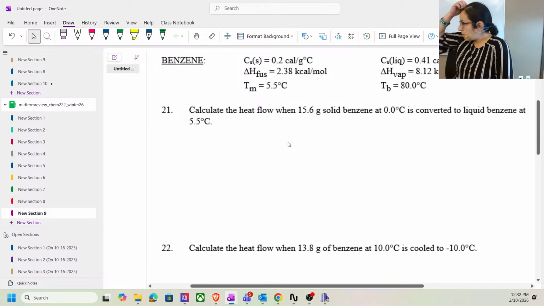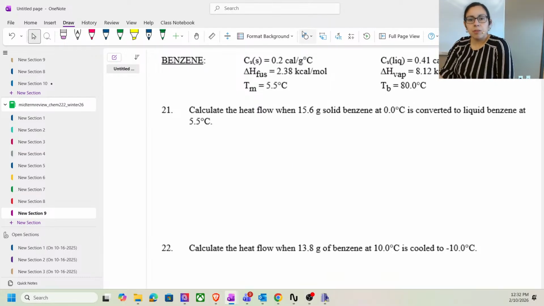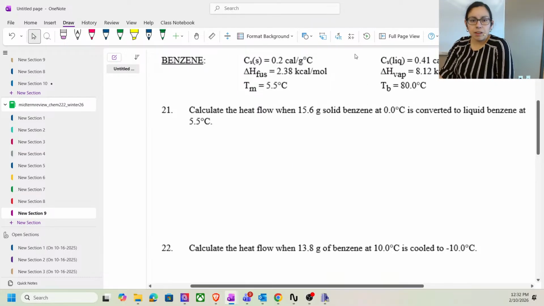And so like I mentioned on the exam, I'll give you the relevant constants that you need. Like the exam, I don't know what unit they'll be in, so these ones are in cals and kcals, and they vary, right? This one differs between cals per gram degree Celsius. This one's kcal per mole. So again, just be aware, right? Got to read. So try the first one, and then I did give you the relevant melting points.